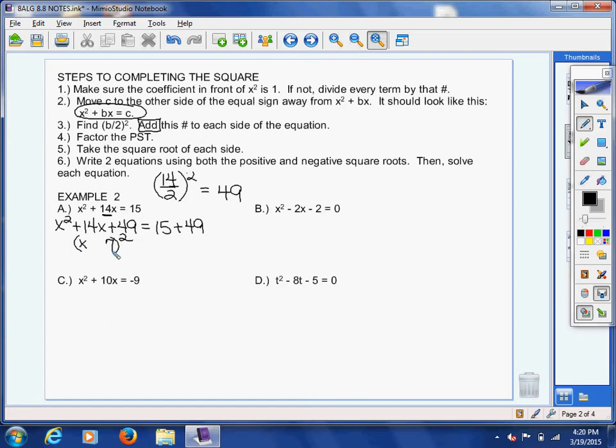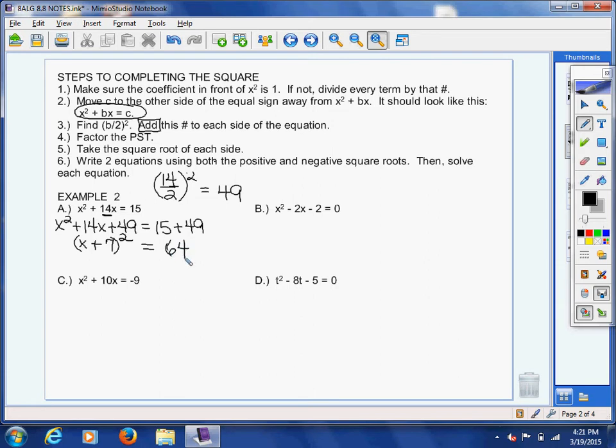And then the middle term is positive, and so is the middle of that binomial. So a little bit of review from when we were factoring last chapter in 7, okay? So that's how you factor all perfect square trinomials. It's always going to be some binomial squared, okay? Now, on the right side, it's real simple. It says to add 15 and 49 together. So when you add those together, you're going to get 64.